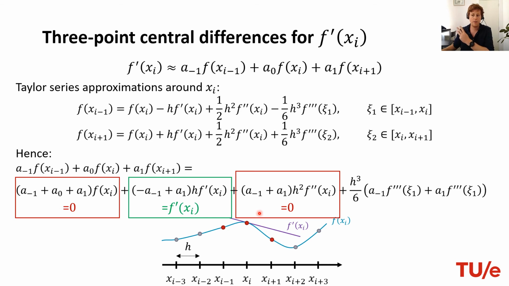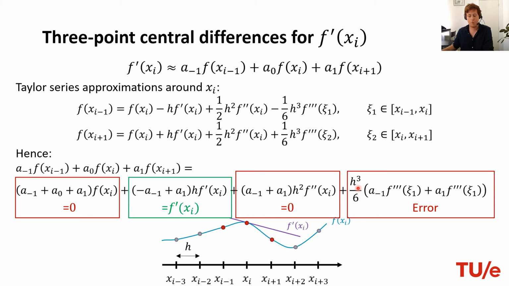We have three unknowns. So this final term here on the right, that is something we cannot really change. That is something we can't do anything about. That will be the truncation error that we have to live with in this case. Note that this thing is proportional to h cubed. And since we tend to take h small, this error term will definitely be relatively small.